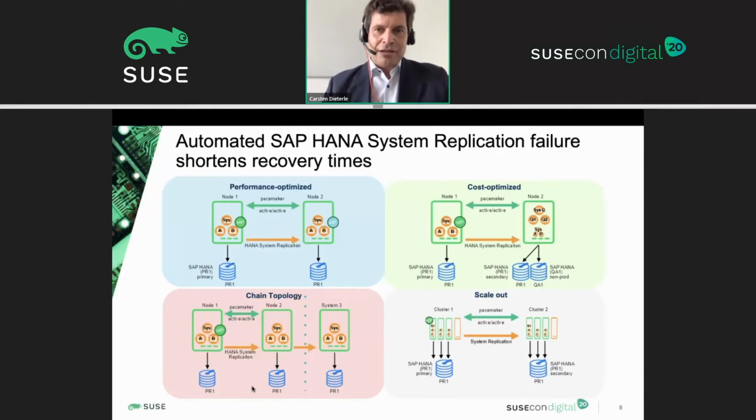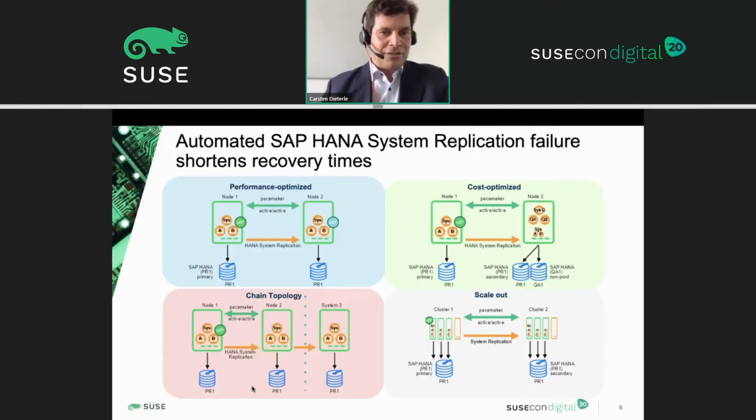On the other side, you can do a cost optimized installation where you use the resources on the second data center for other systems like quality assurance or sandboxes. Even when you have a chain topology, probably for DR installation, where you have your production in one data center, and in the other data center your high availability installation.